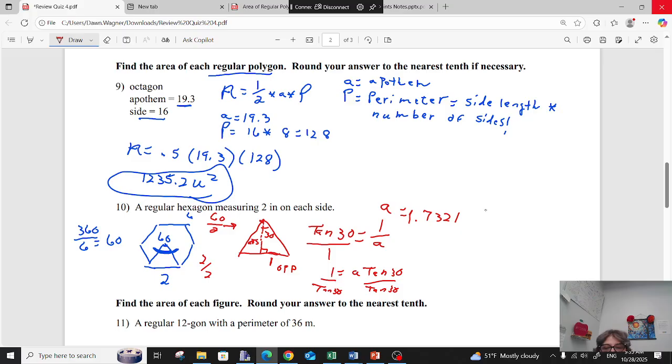Okay, now I need perimeter. What was the original side length? 2. How many sides is a hexagon? So 2 times 6 is 12.